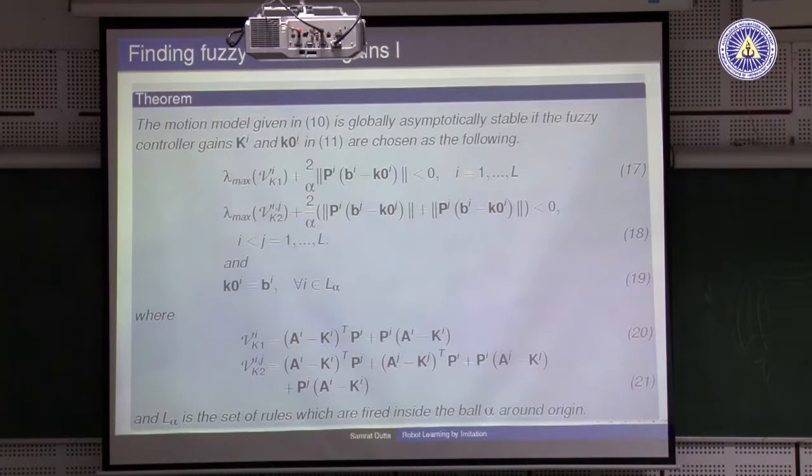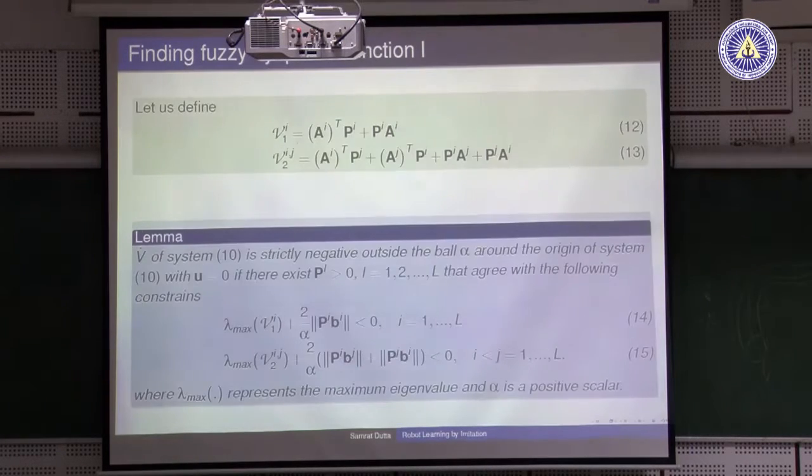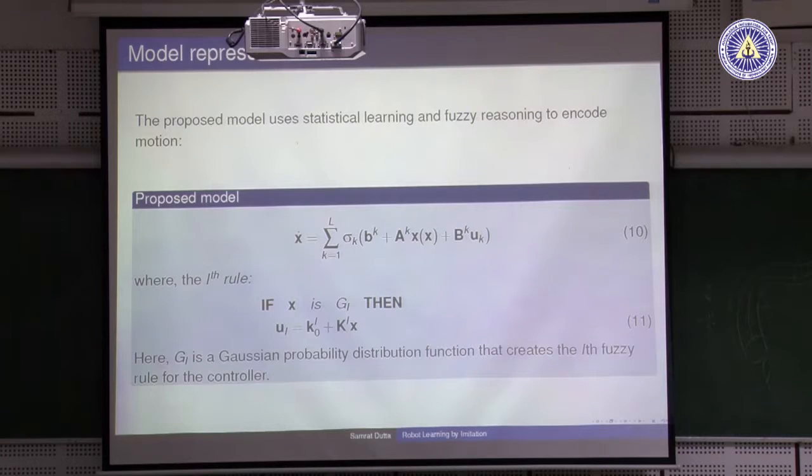then we propose another theorem where we find this K0 and K such that... and what this Ki and K0i are comes from the definition of U, right, here. So, now our job is to find the controller from the data, right.